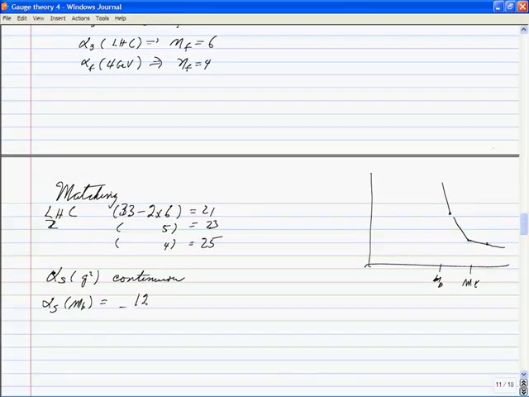So you have to, for example, match alpha S at MB. If I was treating it from above, it would be 12 pi over 23 log MB squared over, let's call it lambda 5 squared. This is from above.